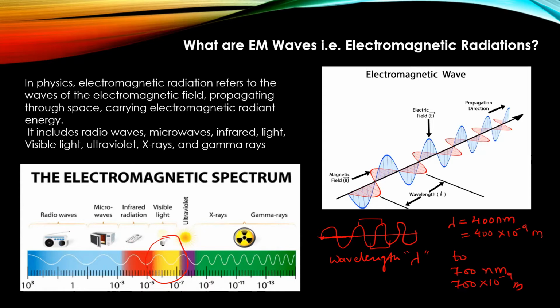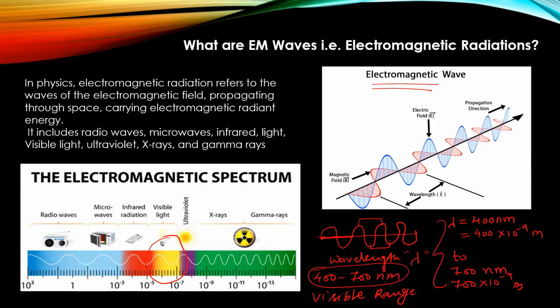Those electromagnetic waves which have a wavelength in this range, from 400 to 700 nanometers, we can see as light rays. The light rays which fall between this range, 400 to 700 nanometers, is called the visible range.